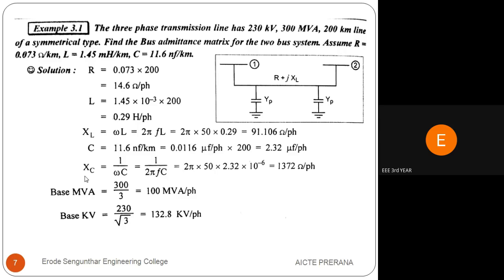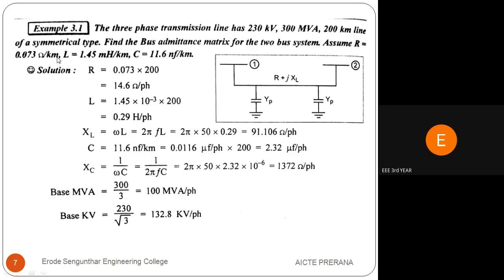Here the given values are resistance, inductance and capacitance, and they have also given the voltage, power and transmission line length, that is 200 kilometers. Here, consider R is equal to 0.073. You have to multiply it by 200 kilometers.